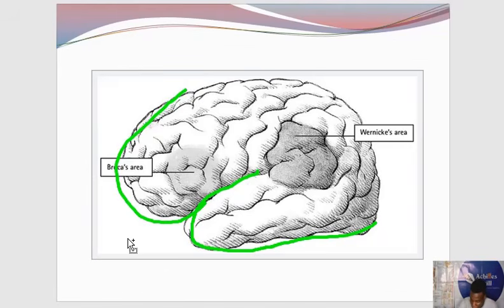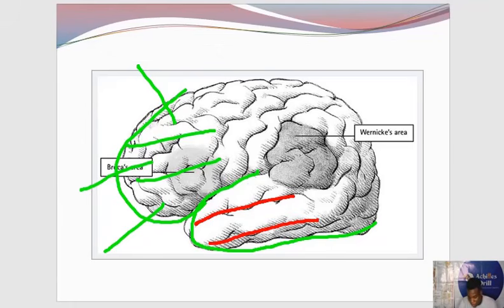But on this temporal lobe, just as we had superior and inferior sulci dividing the frontal lobe into superior, middle, and inferior gyrus, we also have something similar on the temporal lobe. There is a superior temporal sulcus and an inferior temporal sulcus, which in turn divide the temporal lobe into a superior temporal gyrus, a middle temporal gyrus, and an inferior temporal gyrus.